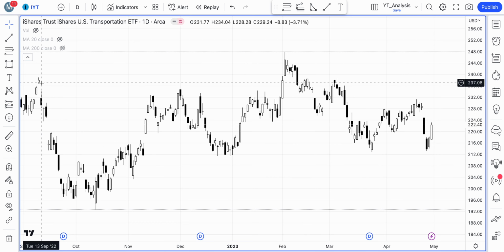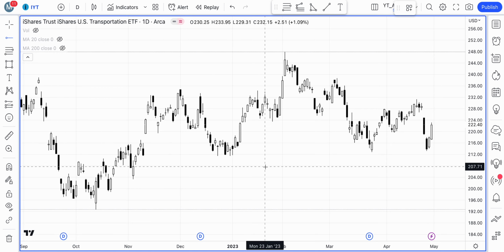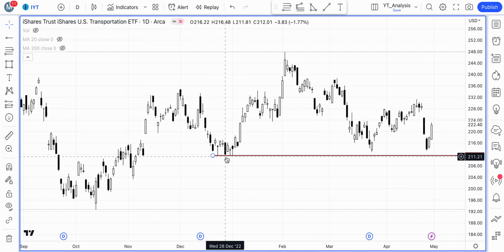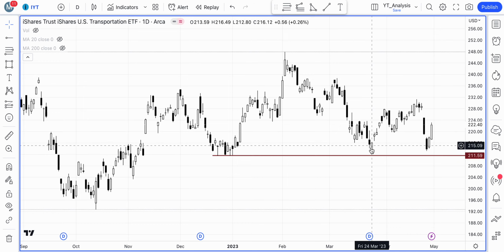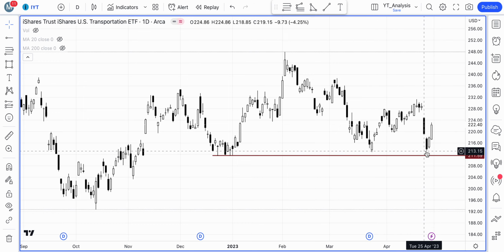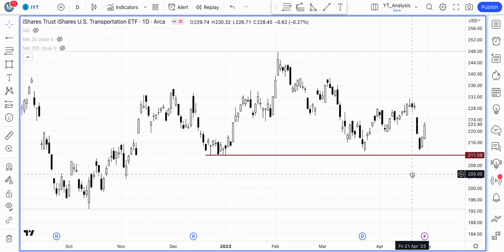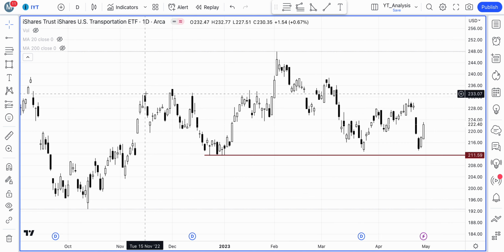Now the pullback has been right into this. Here we go. Let me draw it like this. So this is the structural low, and what it has done is it has pulled right into it, and it seems to be forming a bottom here. So kind of a double bottom here, triple bottoms. Usually not a fan of triple bottoms. Here was a triple top as well.